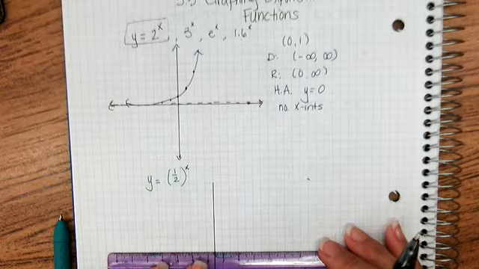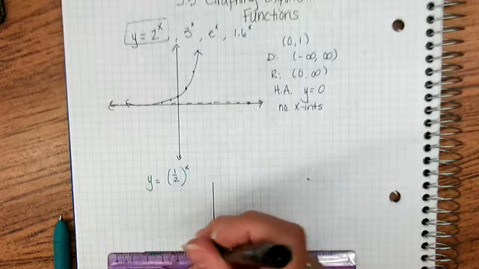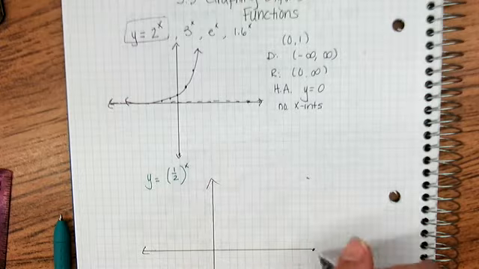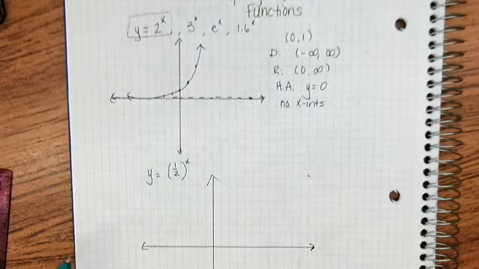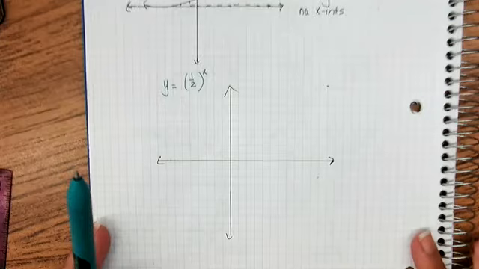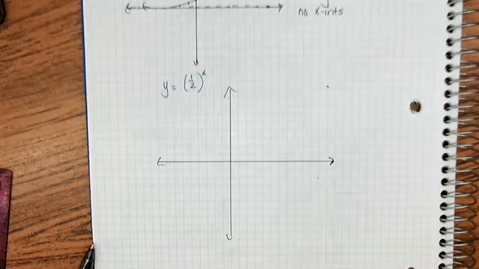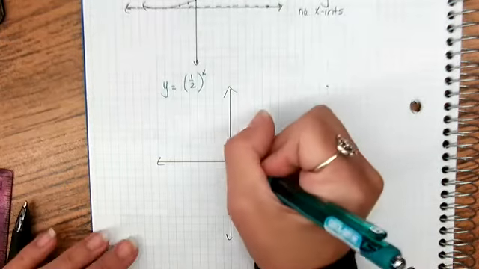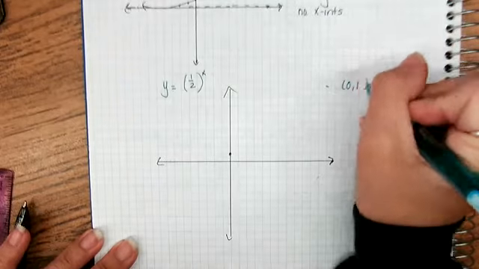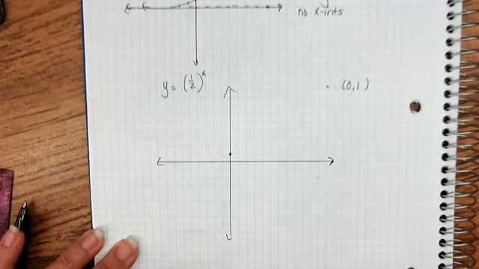I'm going to find the domain, the range, x-intercept, y-intercept, etc. Okay, still, if x is 0, y is 1. Same y-intercept as 2 to the x.